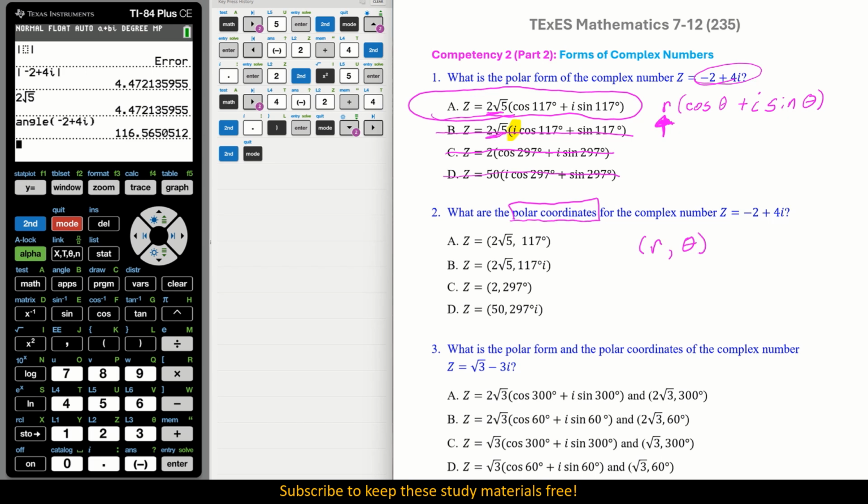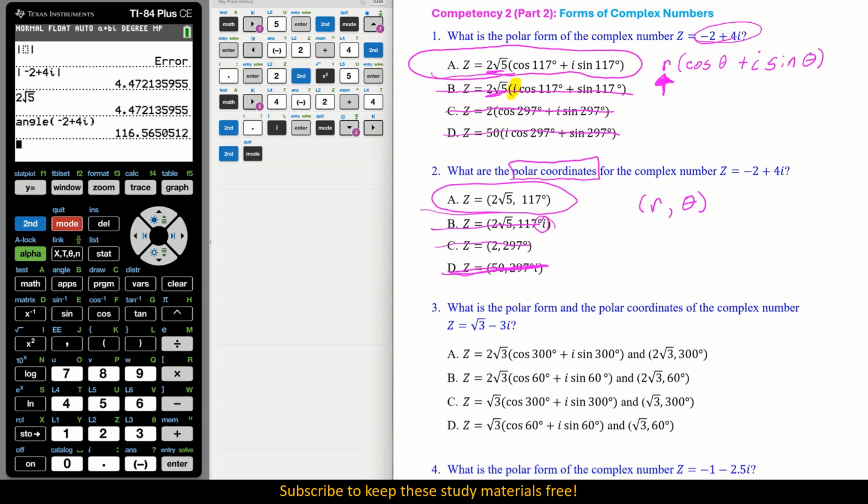Now, I'm going to look at my options, and I can tell you right now that this is not going to work, and this is not going to work because i is not in your coordinates, and our degree was 117. So C can't work. So it has to be A. So all you needed was your r and your theta.